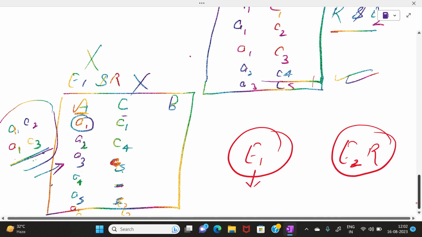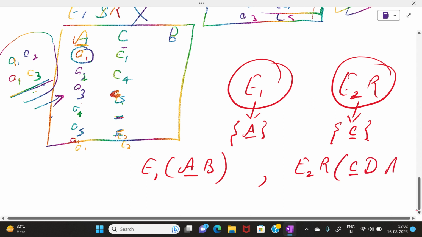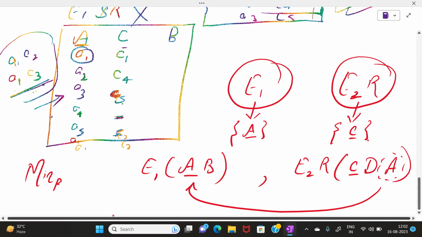The candidate key for E1 is A and the candidate key for E2R will be C. It will be represented as E1 with A, B, and the second will be E2R with C, D, A, and A is going to be the foreign key for this. So this is the minimum RDBMS design.